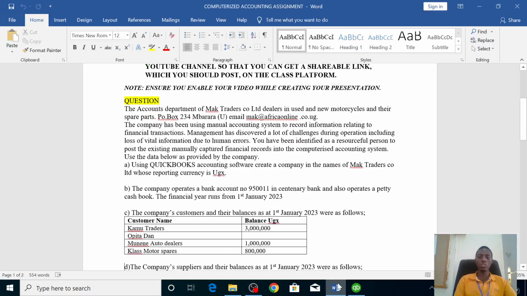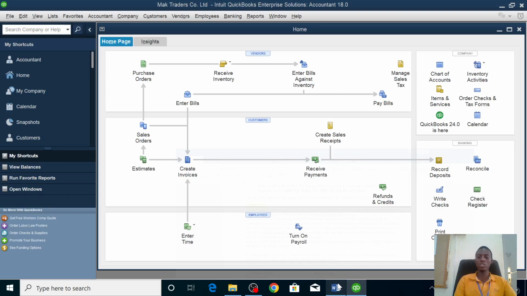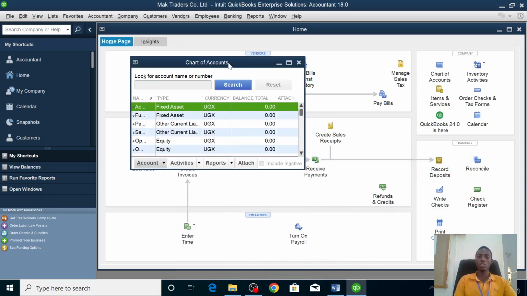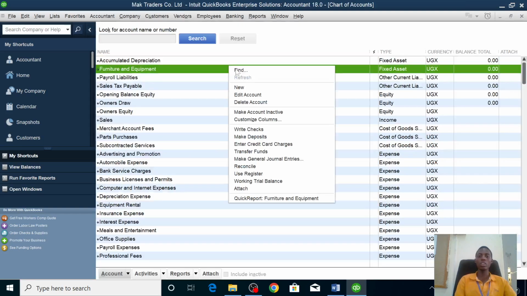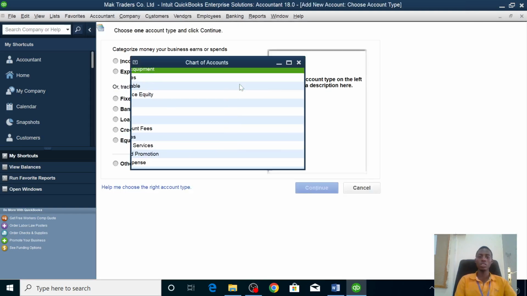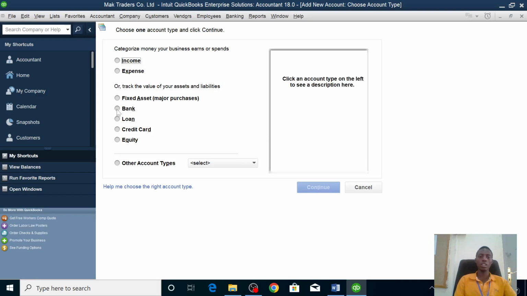Then part B requires me to open two accounts, Centenary Bank and Petty Cash, provided with the account number of Centenary Bank. Come to chart of accounts, maximize this, and I add new, select bank as account type, continue.